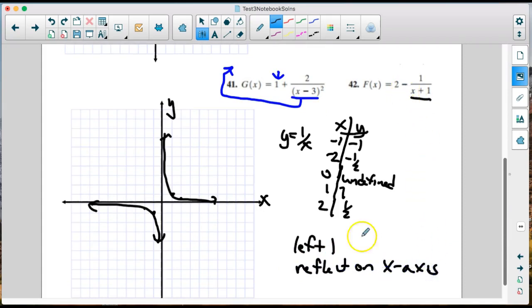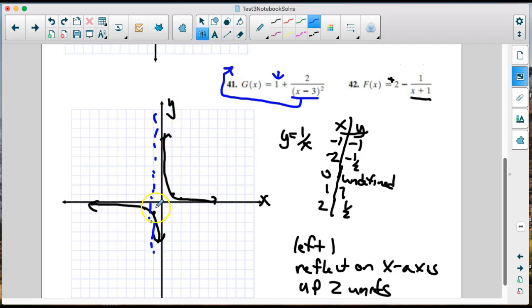And then we're going to go up 2 because of the positive. It has a positive in front of it, so plus 2, that means it goes up 2. So our first shift here is to go left 1. So we're going to move the asymptote to -1 here.